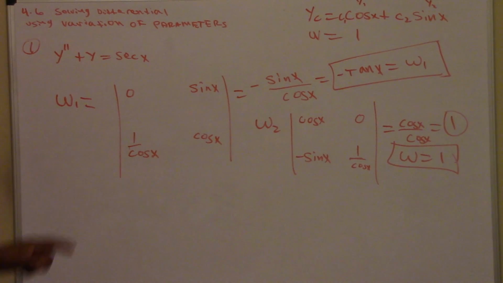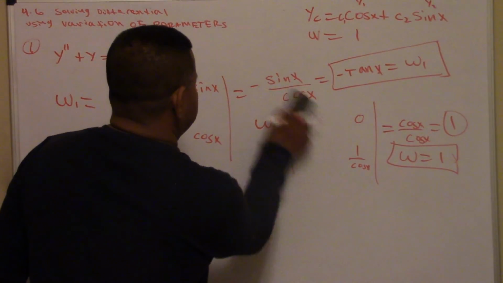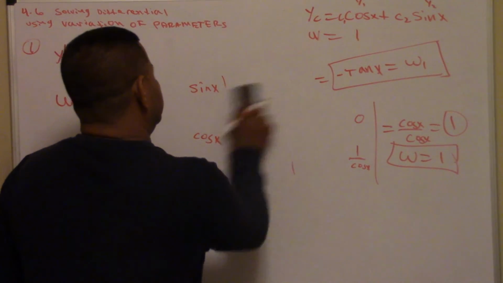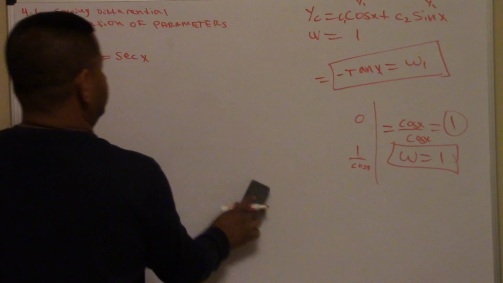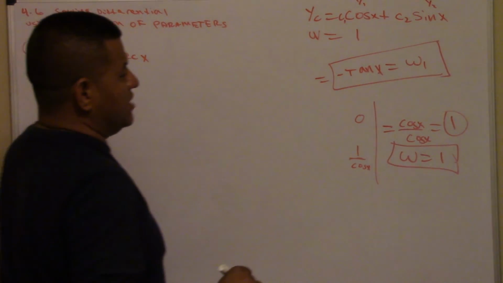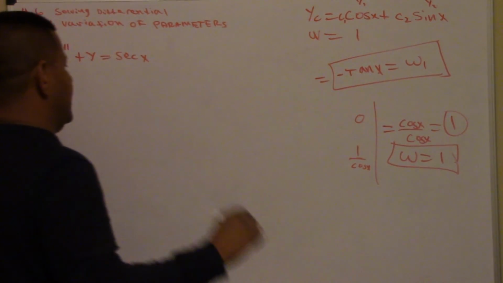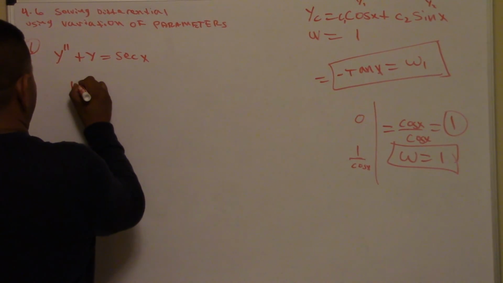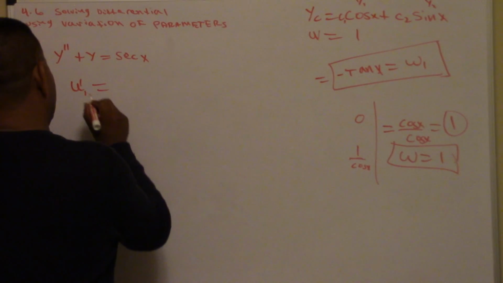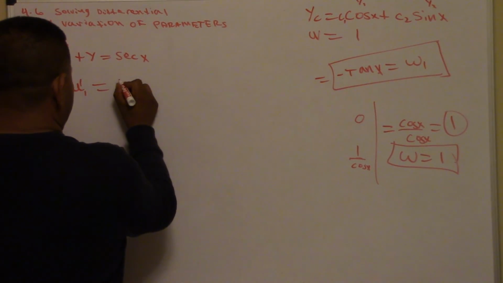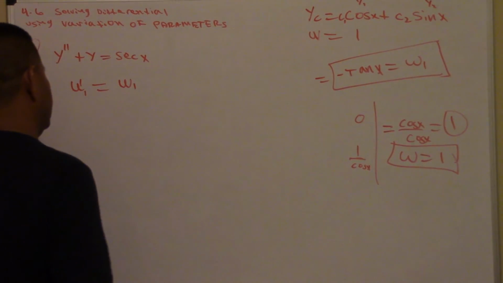Now that I have this W1 and W2, I can actually integrate, okay? And I can say that u1 prime is equal to W1, right?